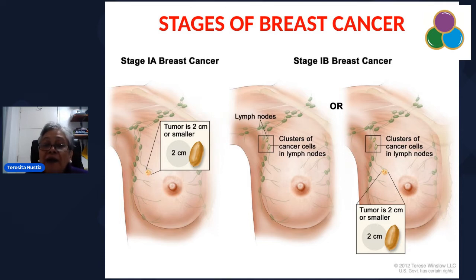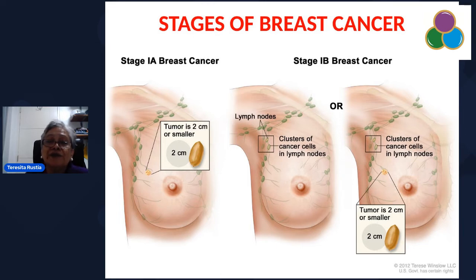Why? Because as I said a while ago, the lymph nodes are where the white blood cells mature, and it is the lymph nodes that will release white blood cells to act on microorganisms that might cause infection, and at the same time, to ward off cancer cells.